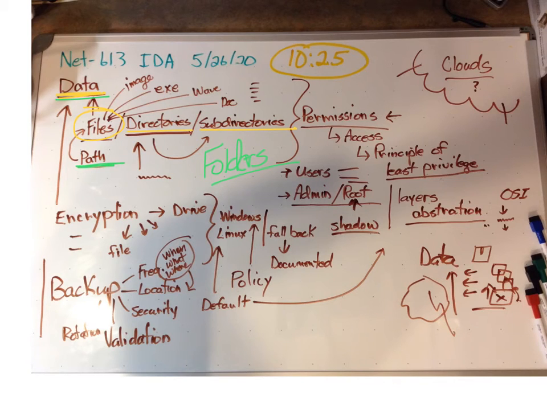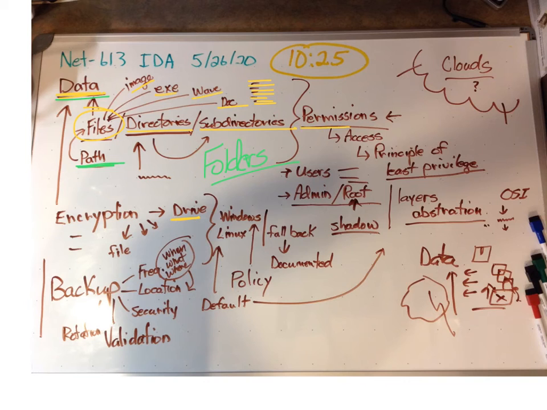I'm just used to using directory. What kind of files? We talked about executables, sound files, documents, images, and so we have all these different kinds of files that we organize on hard drives.